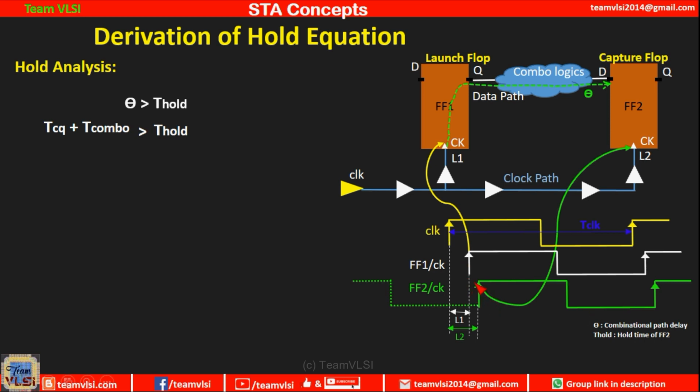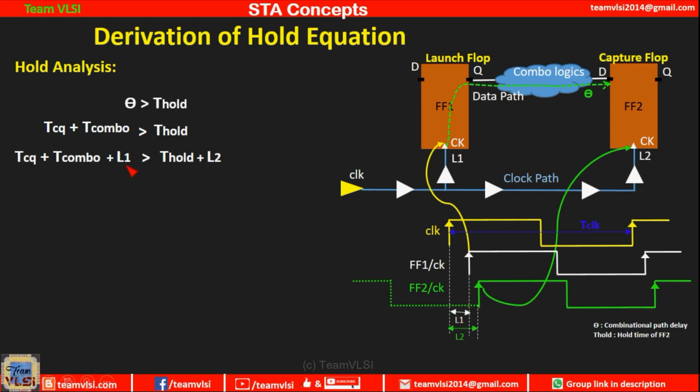Okay, so hold analysis we need to do on the same edge of clock on which the data is launched, right? So let's introduce L1 and L2 in our equation.